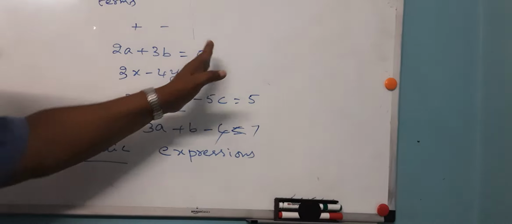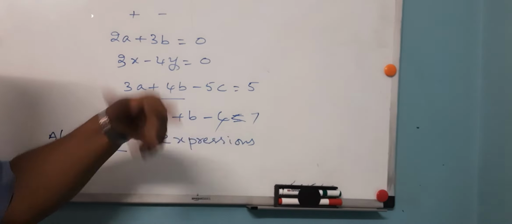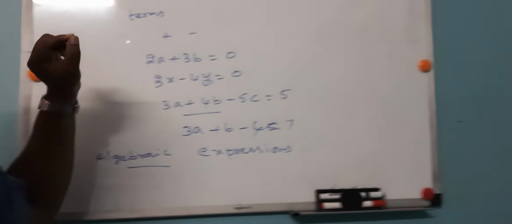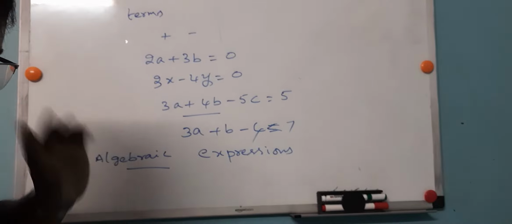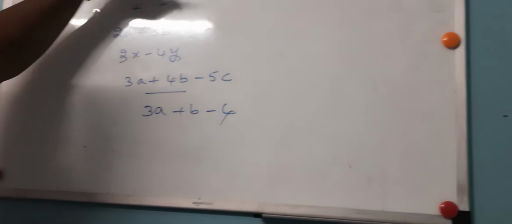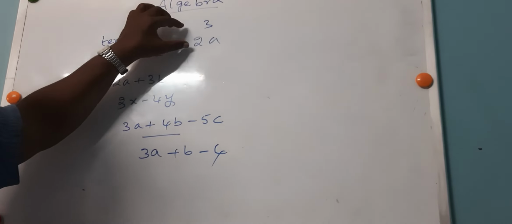Then we equate that expression to 0 or something, and we call it an algebraic equation.